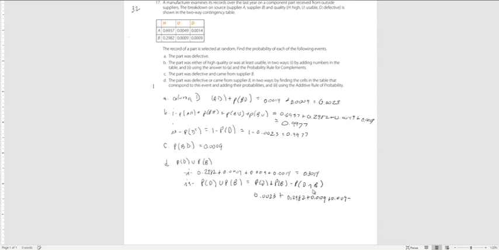I'm going to subtract off the probability of D and B, which is the probability of the event B and defective, which is 0.0009, and that gets us, let's see, yeah, that adds in there, so it winds up with 0.3014 again. Okay, we got it.